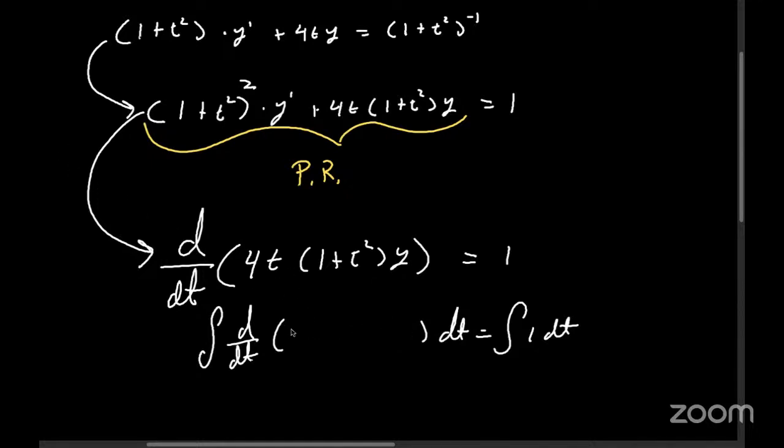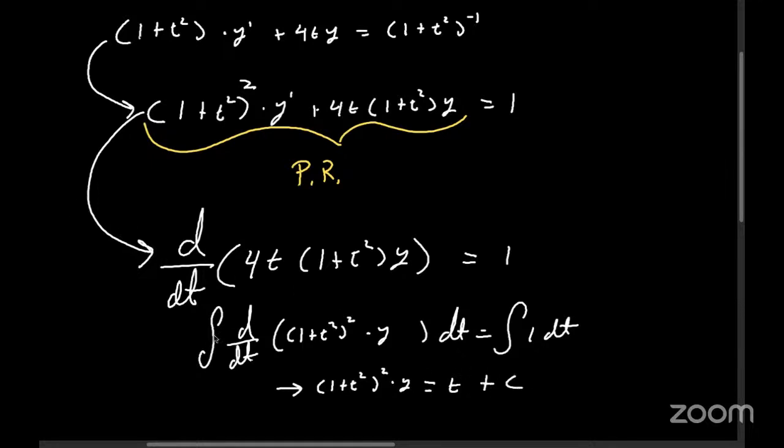That should be 1 plus t squared, squared times y. That's right. And then you take the derivative and you get this. Okay. So now we have it. That becomes what it is because of the fundamental theorem of calculus. And then that's going to be just t plus c.